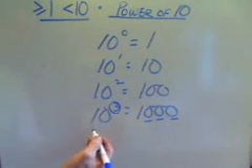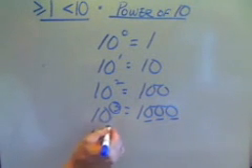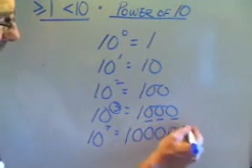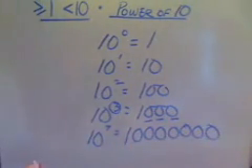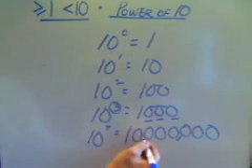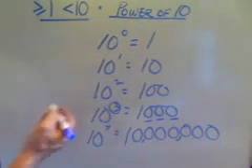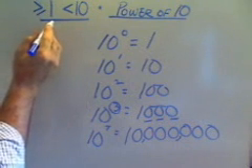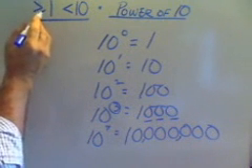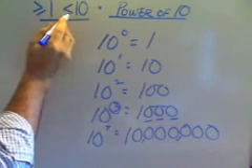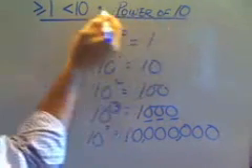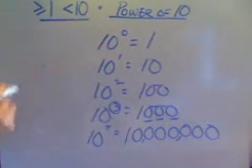So 10 to the 7th power would be a 1 with 1, 2, 3, 4, 5, 6, 7 zeros, or 10 million. Okay? So again, in scientific notation, our first factor will be a decimal number greater than or equal to 1, but also less than 10, connected to some power of 10 by multiplication.